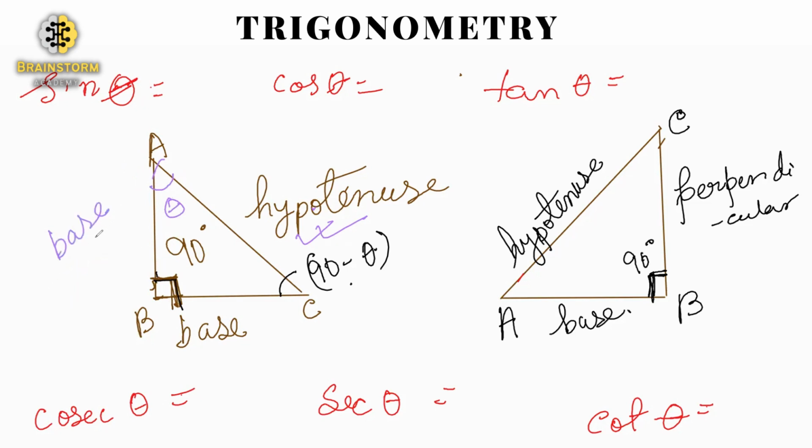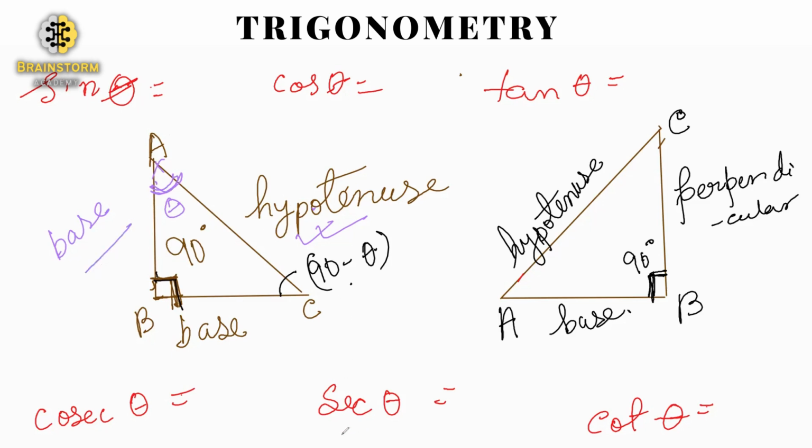One angle is already 90, and the other two angles together make 90, so one of them will be theta. The side which has a role to play in making the theta, or which is actually sharing the arm with the theta, will always be called the base.